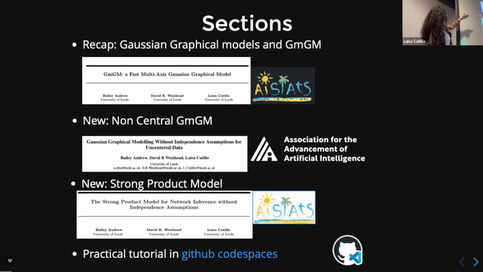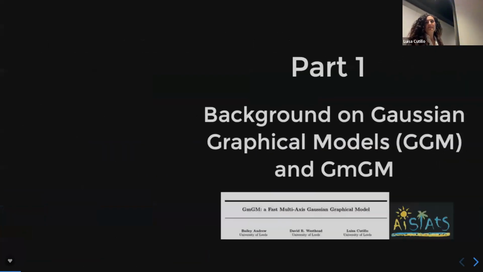Then we have the new parts, that are the non-central GMGM and the strong product model. So we deal with some aspects of the model that we improved, that we embedded some extra modeling, and then we have a little bit of discussion in general on the models. And finally, we will have a practical part. So we will have a demo, and you can run through examples with Bailey.